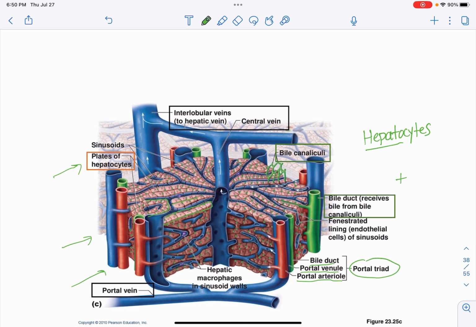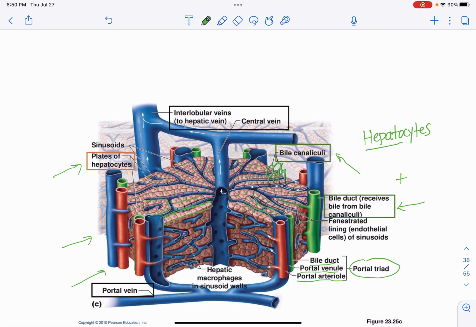What's happening is that these hepatocytes are making bile. Bile is going to flow through what are called sinusoids. That's what you see in blue here, these sinusoids, and the bile will be picked up by these bile canaliculi. The bile canaliculi will then dump into the bile duct. All right.